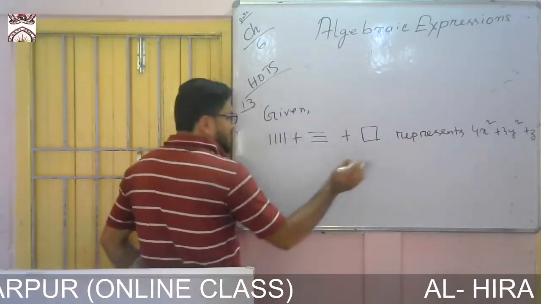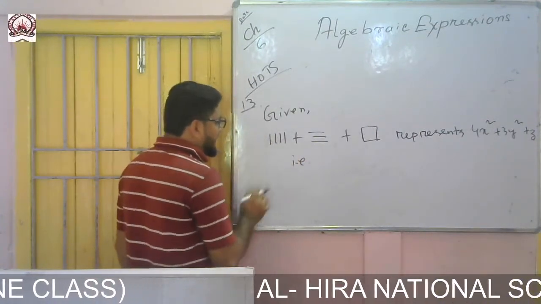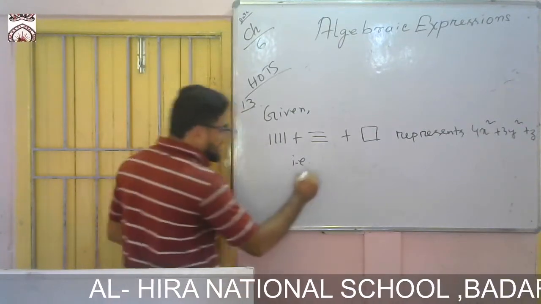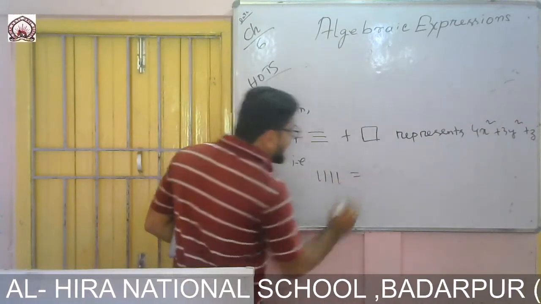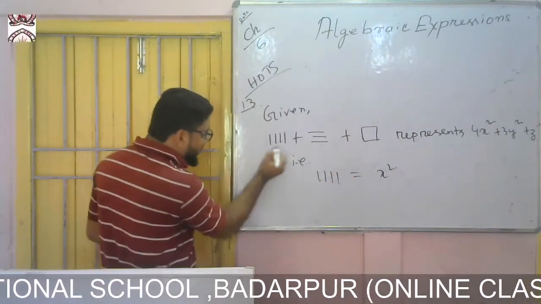Okay, that is, this vertical line represents x square. And there are 4 vertical lines.